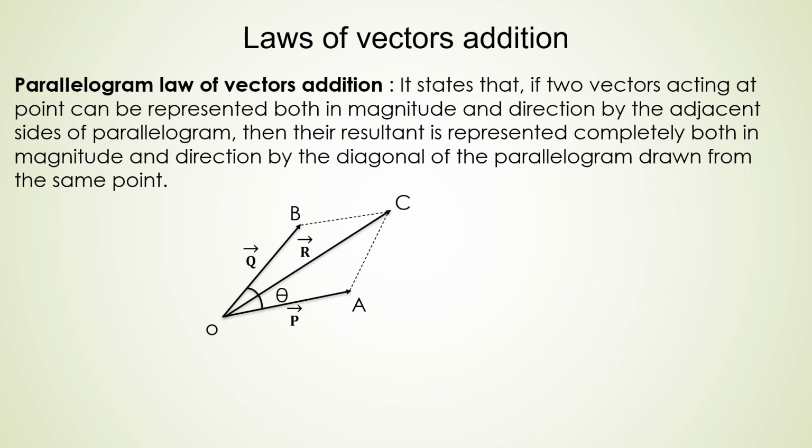Now, according to the parallelogram law of vector addition, the resultant R of P and Q is represented both in magnitude and direction by the diagonal OC of the parallelogram drawn from the same point. As you can see, this R is the resultant vector, which is the diagonal of the parallelogram OACB. So this is the parallelogram law of vector addition.